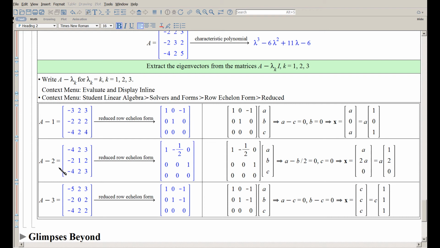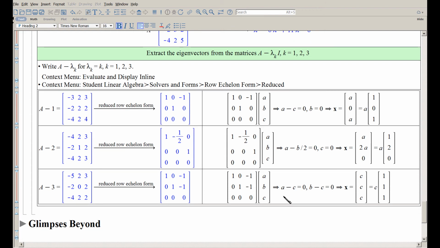Well, A minus 2, again, you row reduce, and you have a representation of a set of equations, homogeneous equations. So you get A minus B over 2 equals 0, and C equals 0. So there's your C equals 0. A is B over 2. So B is 2A. You factor out the A, you get 1, 2, 0.